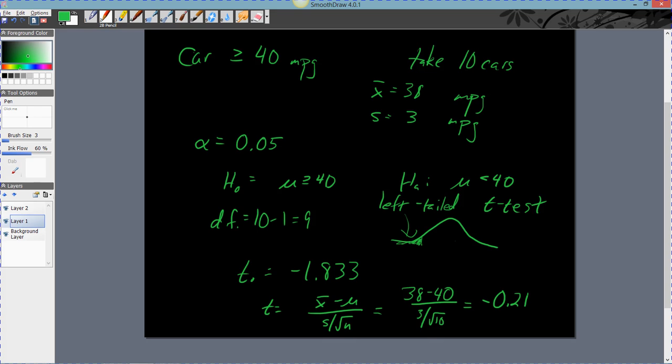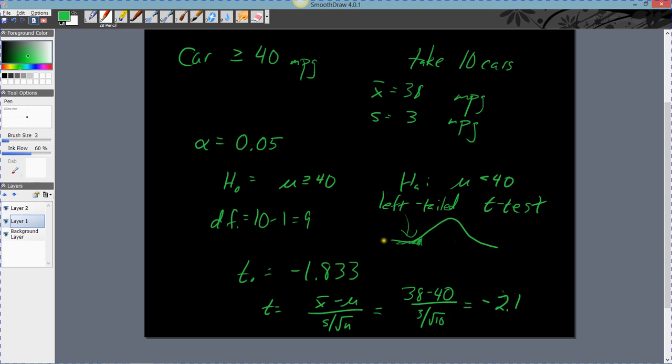Let me do that again. Okay, sorry, the decimal was off by a factor of 10. It's negative 2.1.